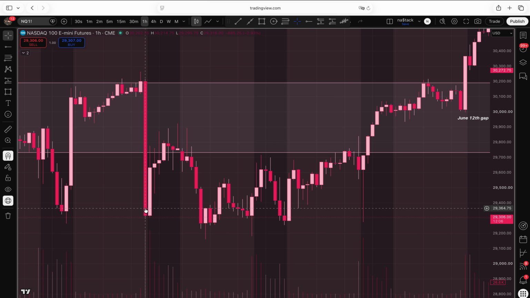This is June 25th, so we're in the month of June. Price is going crazy. There's just so much momentum, both to the upside and to the downside through the gaps.